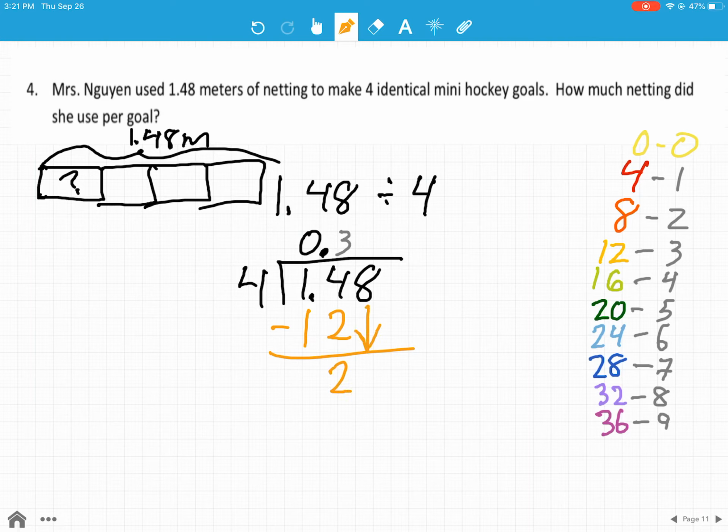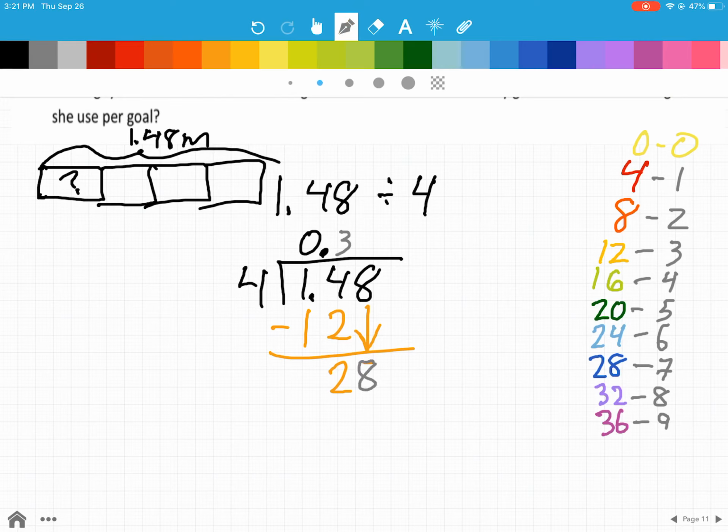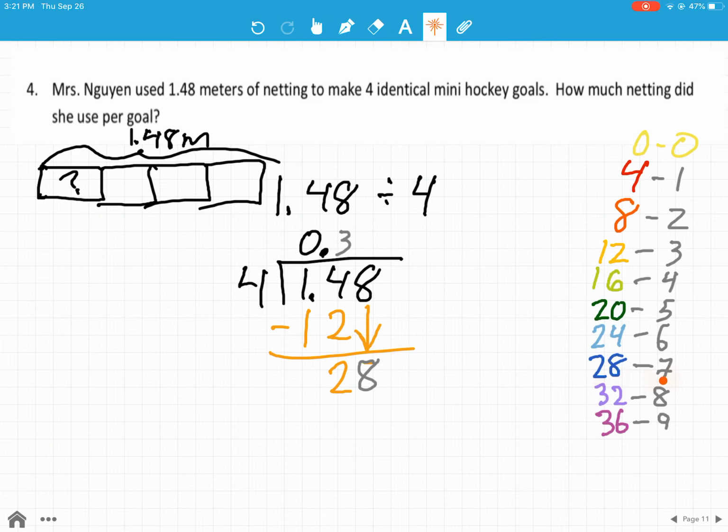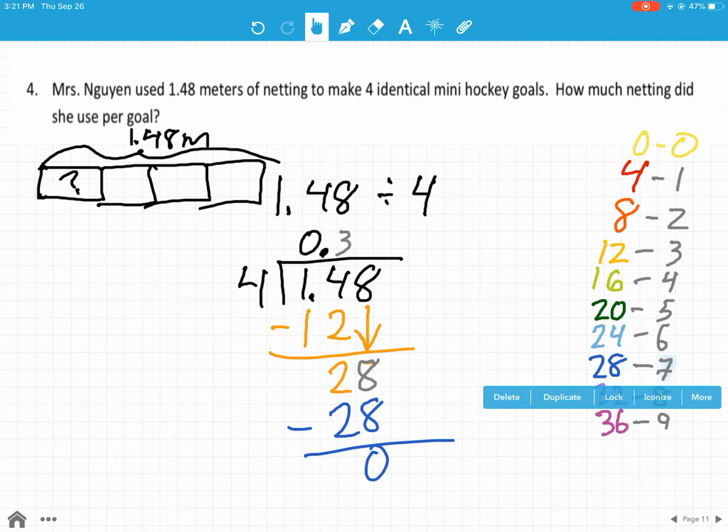Now we're going to bring down the 8. And we have 28. All right, and you see that 28 is right here. So we're going to subtract 28. We get 0, and we're going to use the 7 that's right next to it in our quotient.